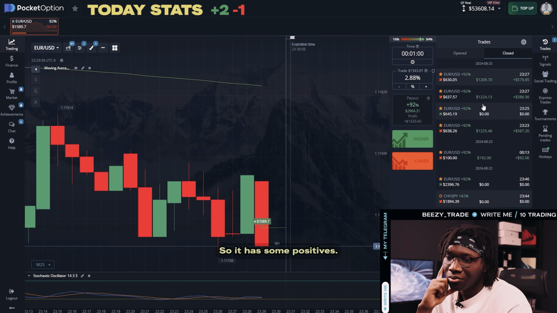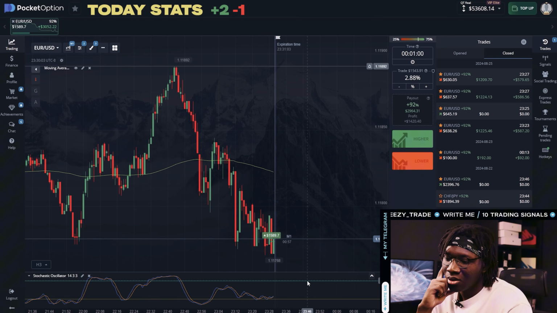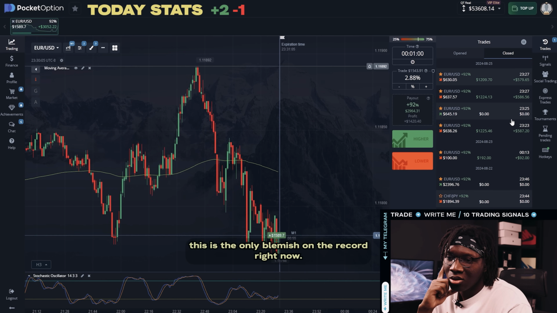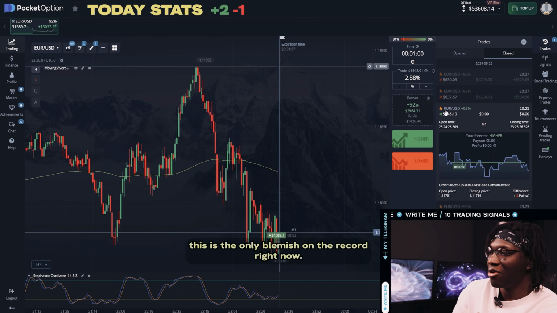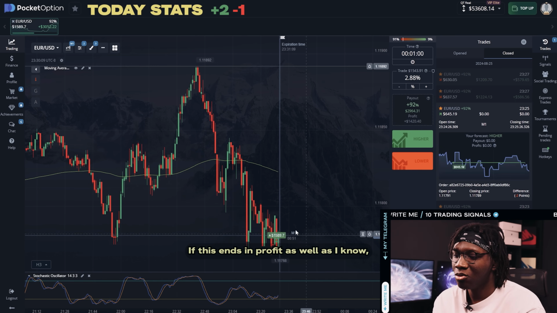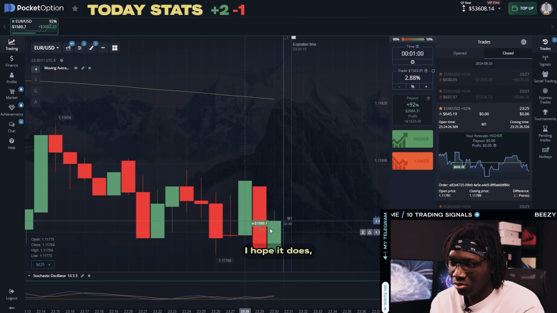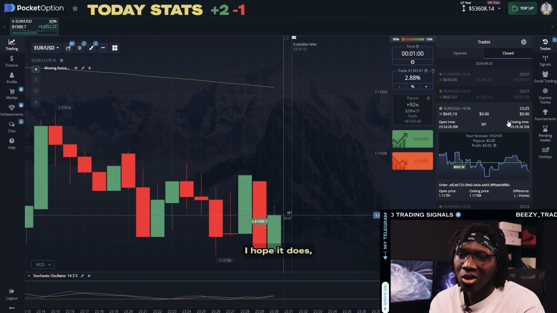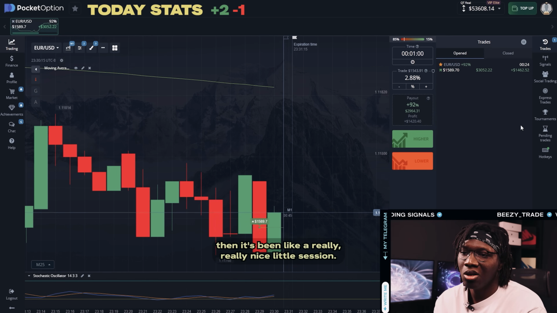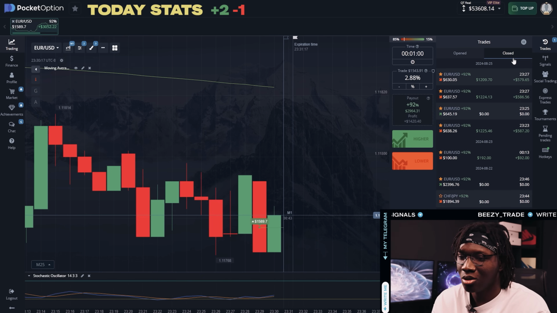So we've had some positives today. This is the only blemish on the record right now. If this ends in profit as well, as I hope it does, then it's been a really, really nice little session.